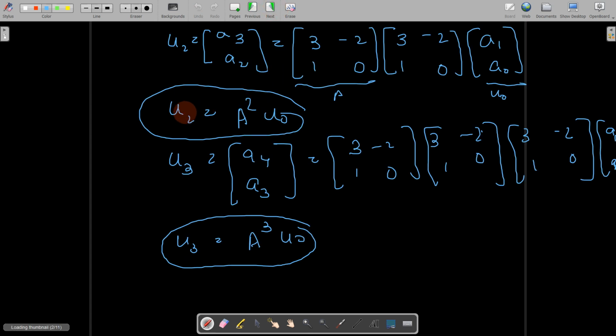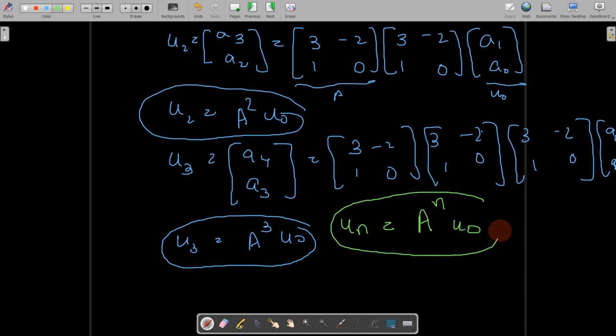U2 had A square U0, and U3 had A cube U0. So if we generalize, our nth term Un would be equal to A power n times U0. And we wanted the closed form. Now we have to take the nth power of a matrix.